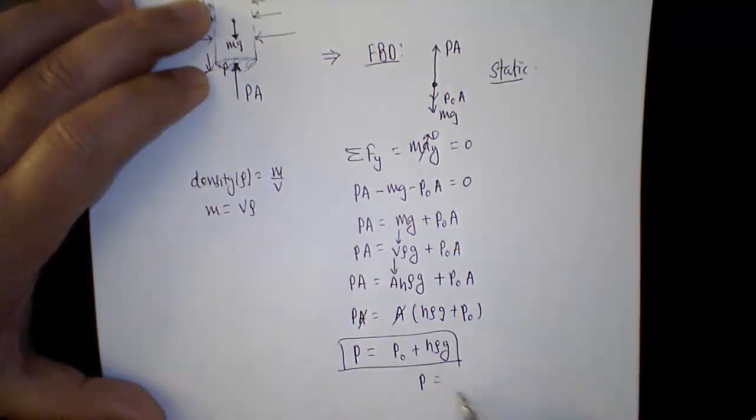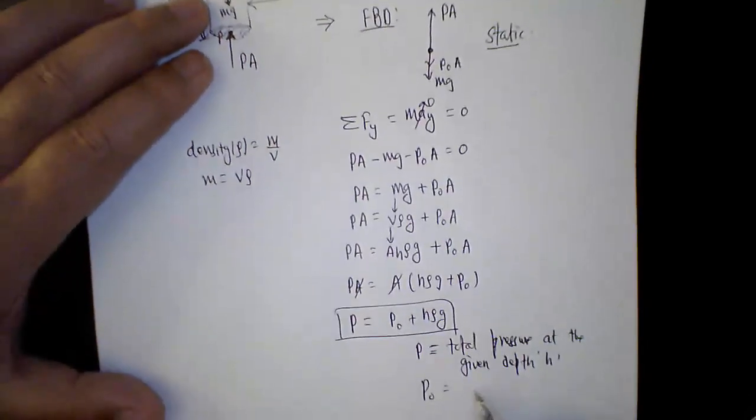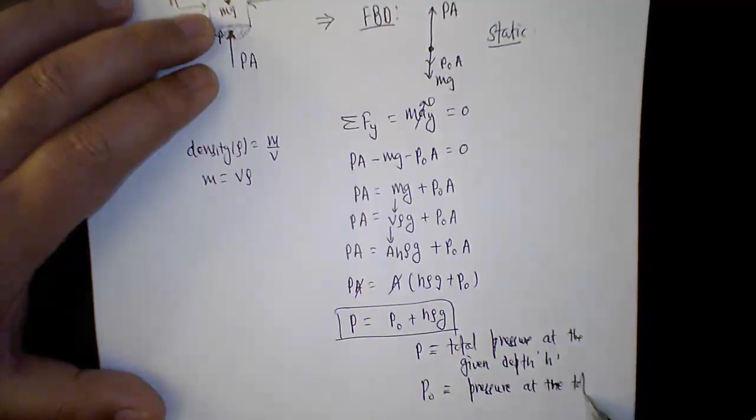Where P is the total pressure at the given depth h. P0 is the pressure sitting on the top, which just happened to be atmospheric pressure in this case example.